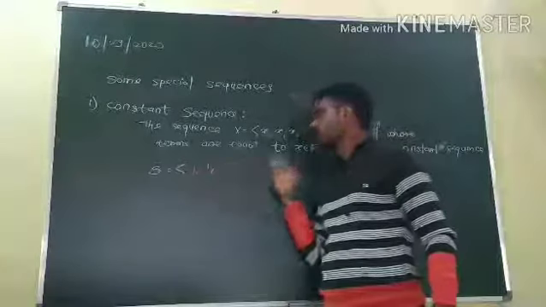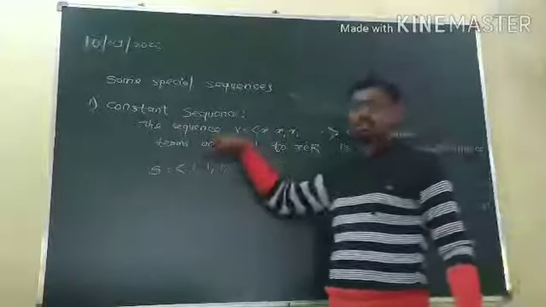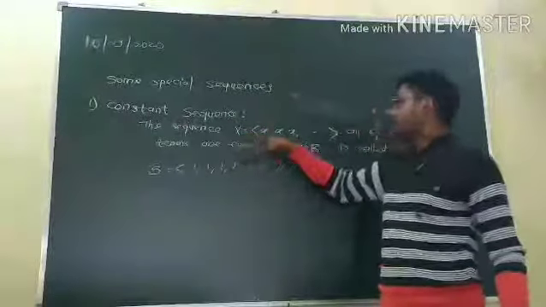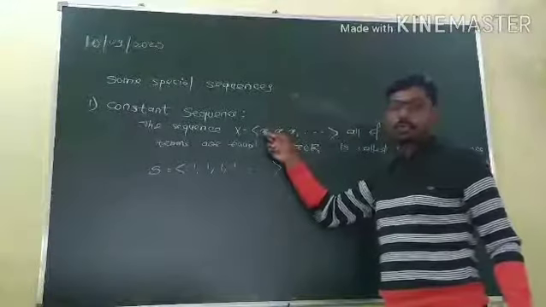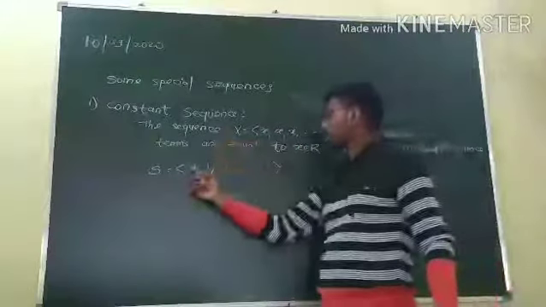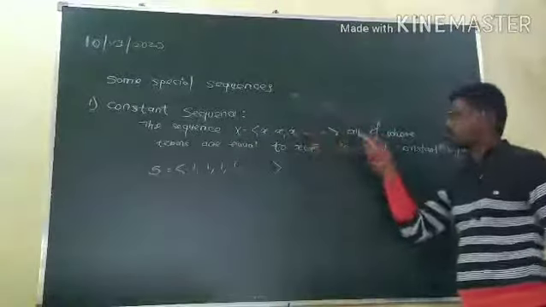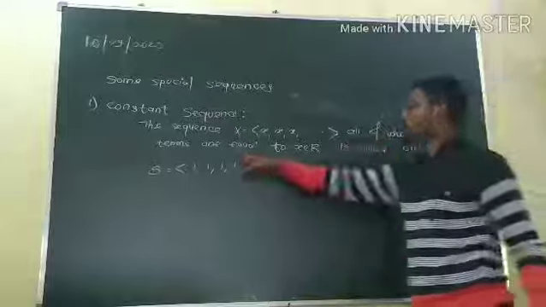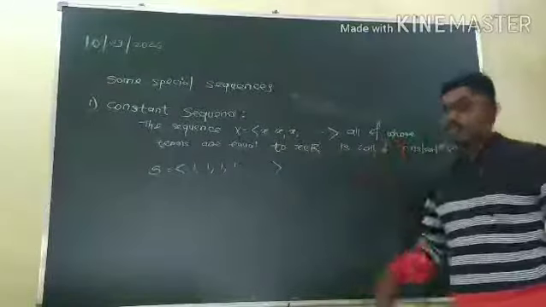Such sequences are called constant sequences. So what is the definition? A sequence all of whose terms are the same or equal to a fixed number x belonging to R is called a constant sequence.